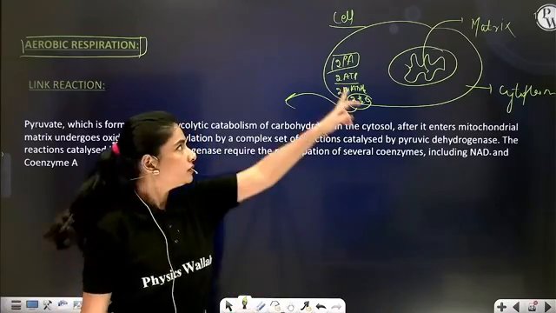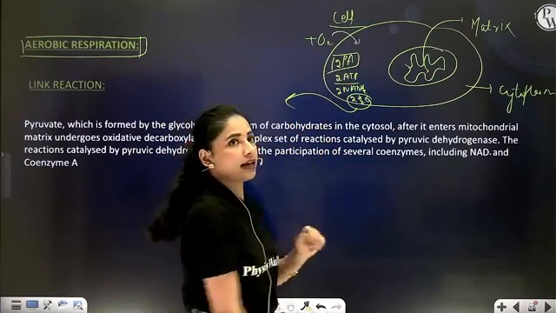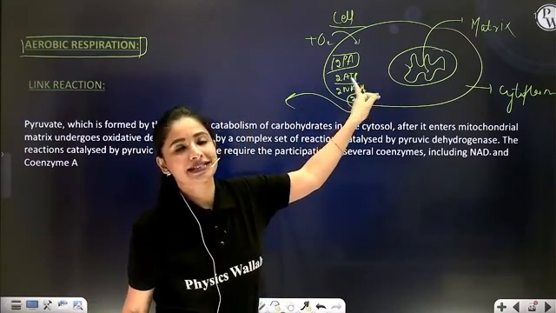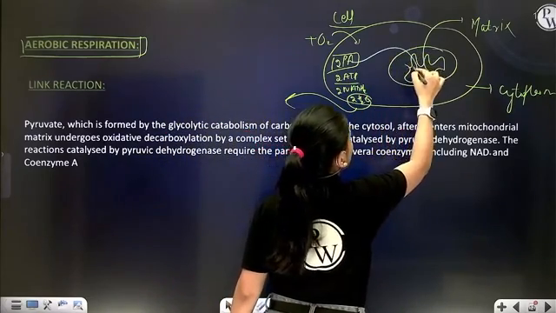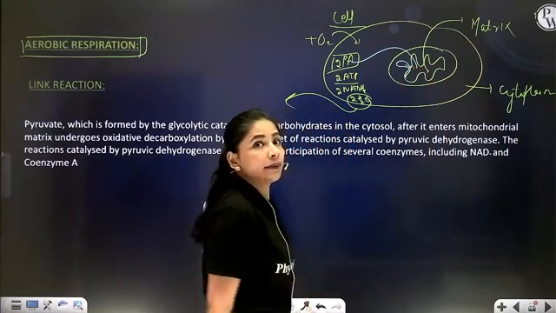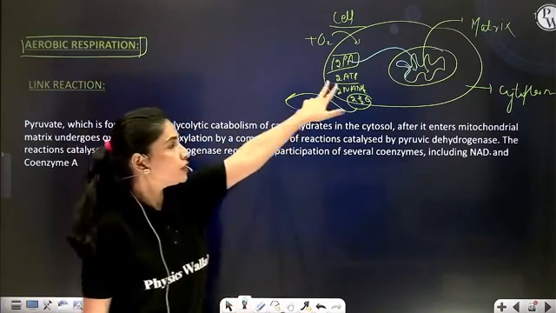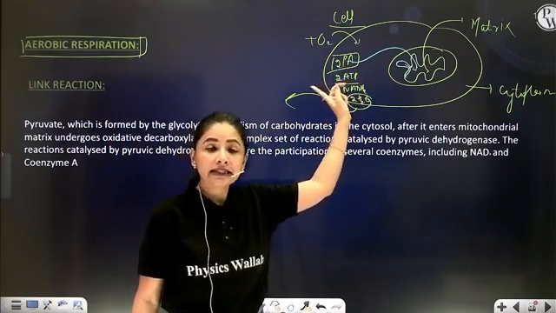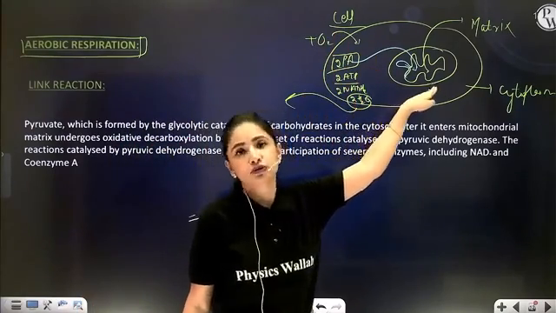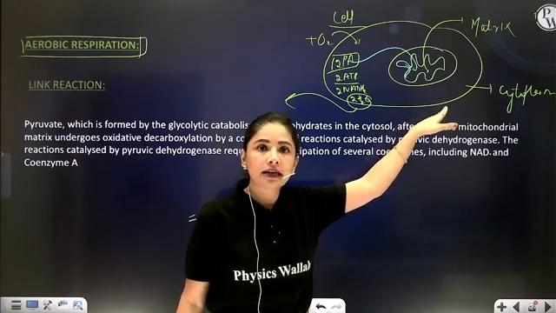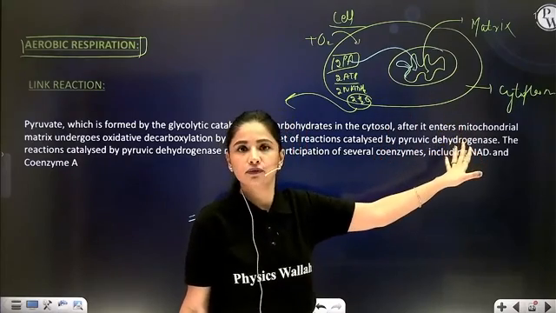Now these 2 molecules of pyruvic acid, if oxygen is there in the cell, will move from the cytoplasm inside the matrix of mitochondria. So in the presence of oxygen, these 2 molecules of pyruvic acid will move inside the matrix of mitochondria, and further breakdown, further oxidation will take place in the matrix itself.